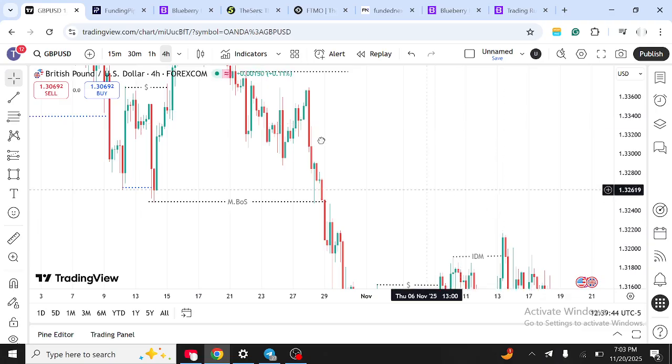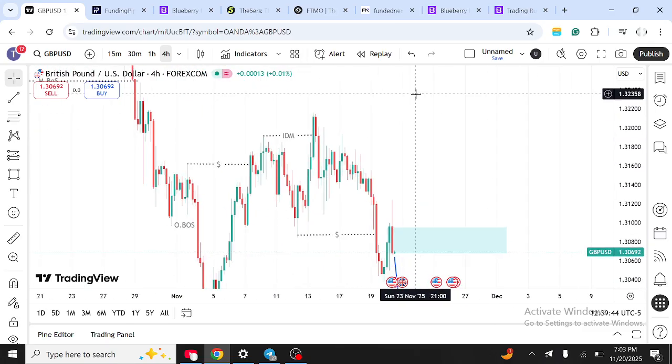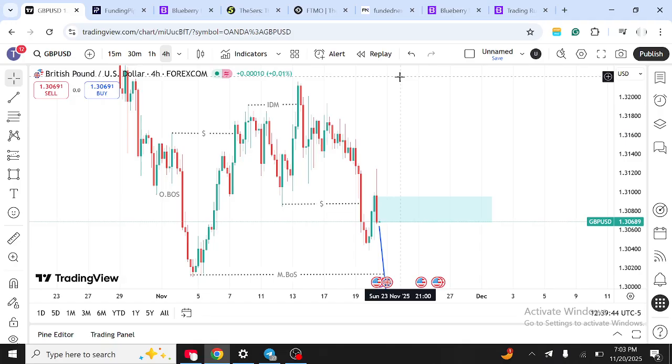Because I said that type B liquidity is an advanced liquidity concept, and the market has too much freedom to move in a way that it likes to induce and to create that liquidity, to take out traders, to liquidate them.